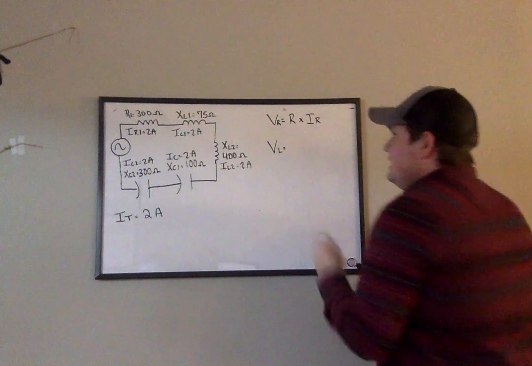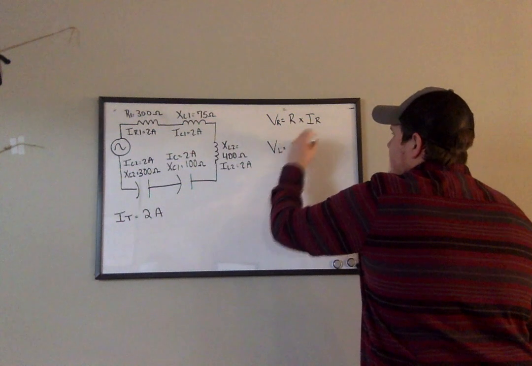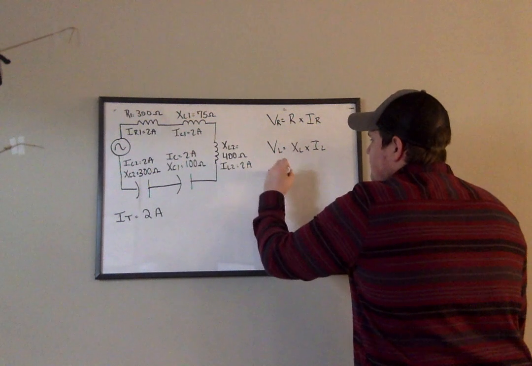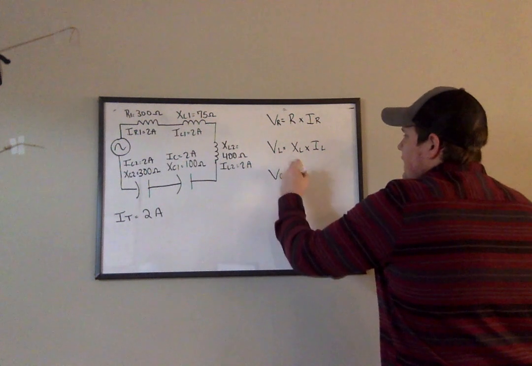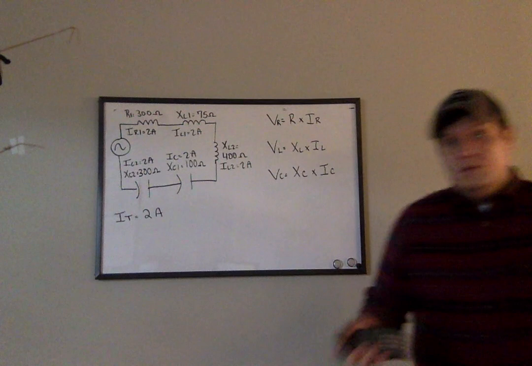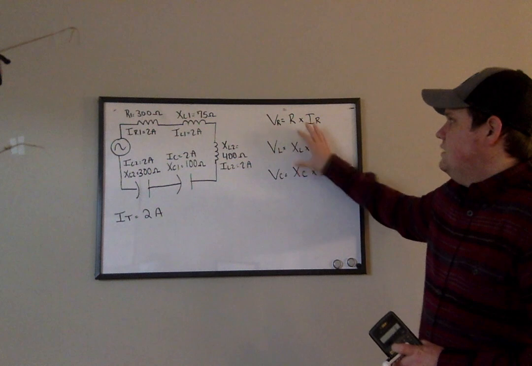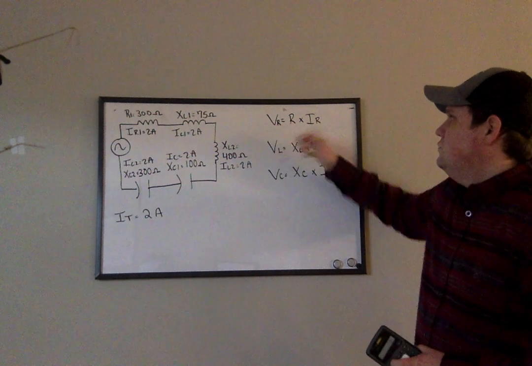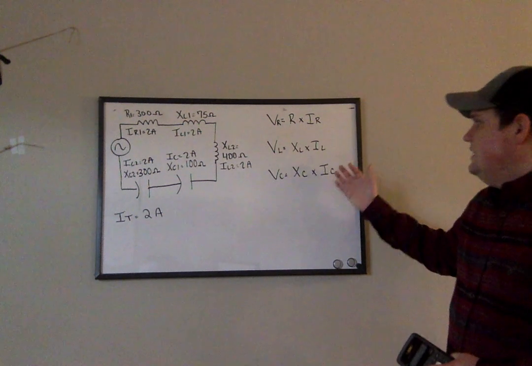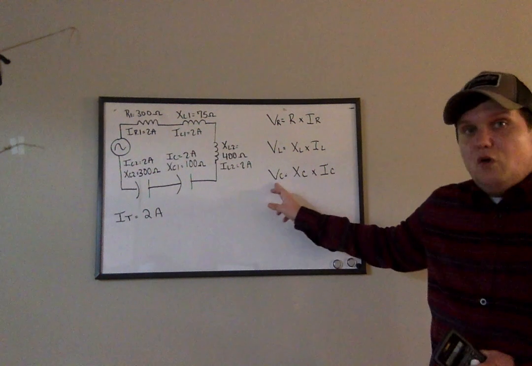VL, the voltage across the inductors, is XL times IL. And then VC is XC times IC. So if you look, it's all the same formula, just different components in there. V equals R times I, VL is XL times IL, VC is XC times IC. So it's all still your ohms times your current gives you voltage.